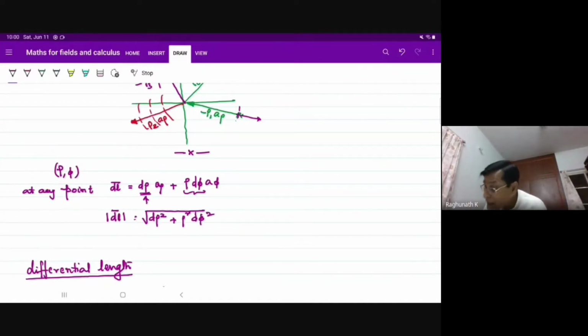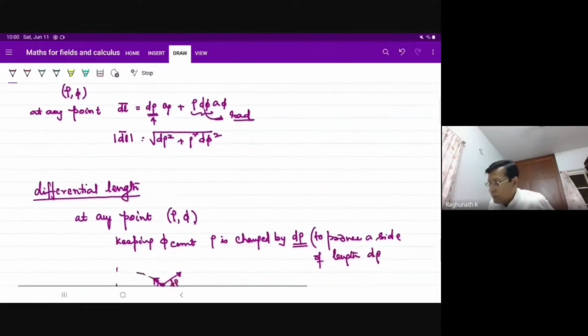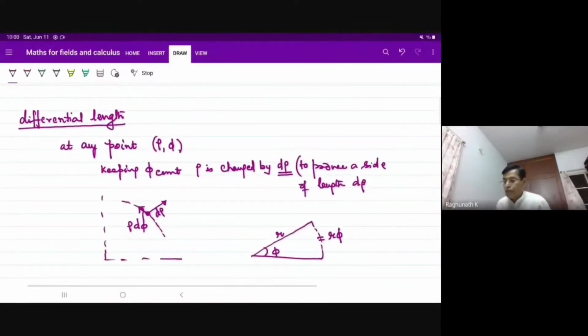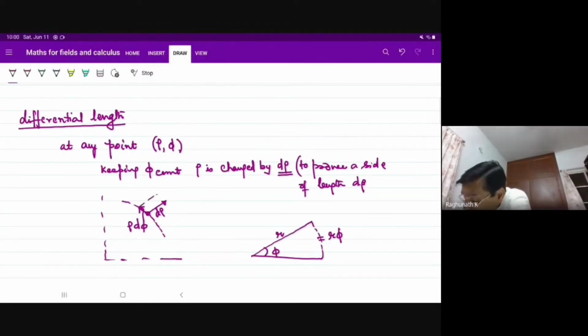Now d phi is in radian, very, very important. Rho is in length unit. Rho has the unit of length. It can be centimeters or meters, doesn't matter. What is the differential length now? That's what I want you to know.